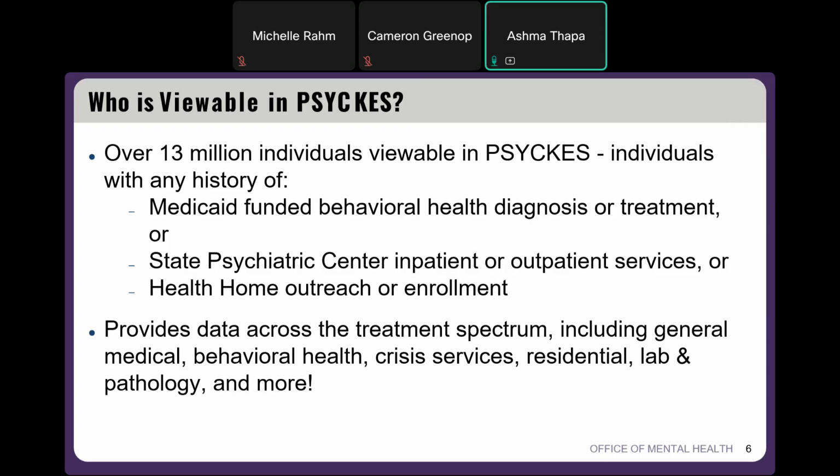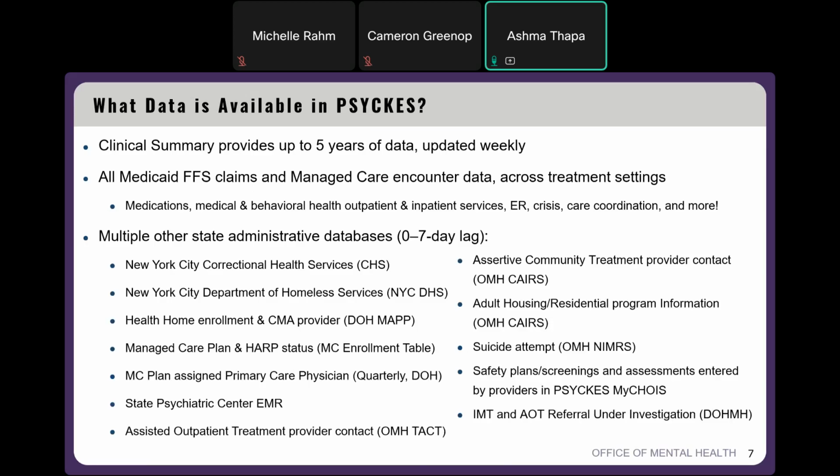Some examples of the data that you will find in PSYCKES include details regarding clients' general medical health information, behavioral health details, residential information, lab and pathology details, as well as many other types which we will cover in this webinar shortly. So in our introductory slides, I mentioned that PSYCKES includes data from many administrative databases.